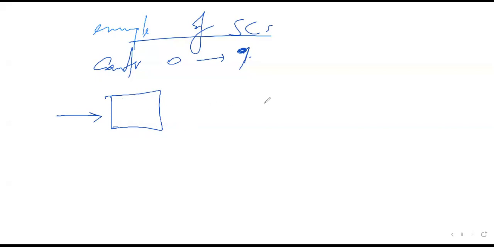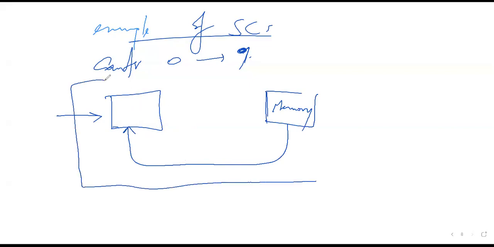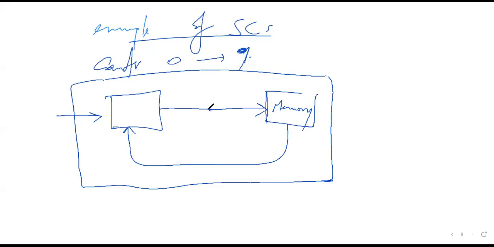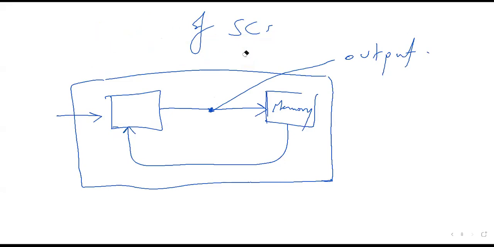All right, so we have my memory. I want to design a counter. My memory has past values. This is my whole block, the sequential circuit. And here I have my output. I want to design a counter and see how this functions using logic gates.